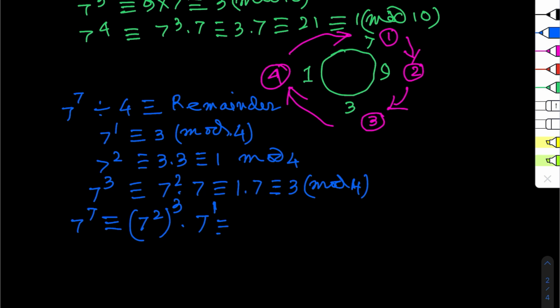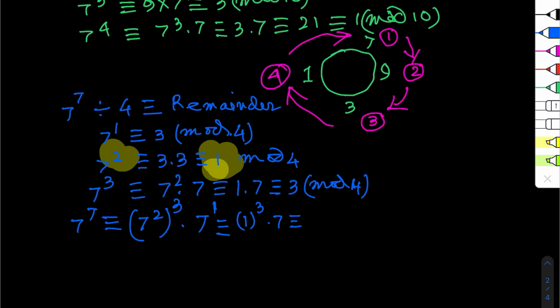For 7 square we get 1, so we get 1 cube and then 7.